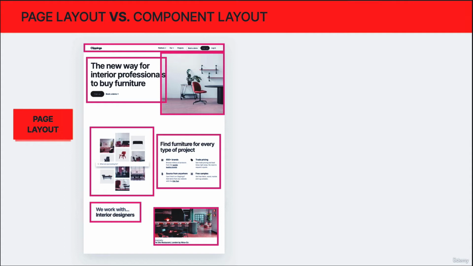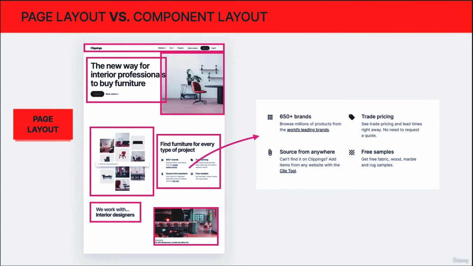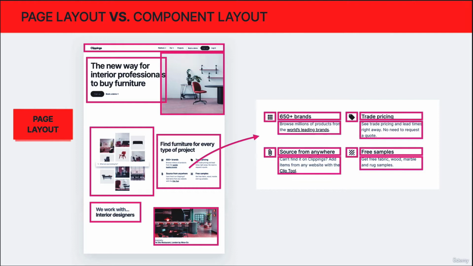On the other hand, these bigger page layouts are themselves made of components like this one. And these components are made out of smaller pieces of content which also need to be arranged in some kind of way. So we can say that components themselves also have a layout.